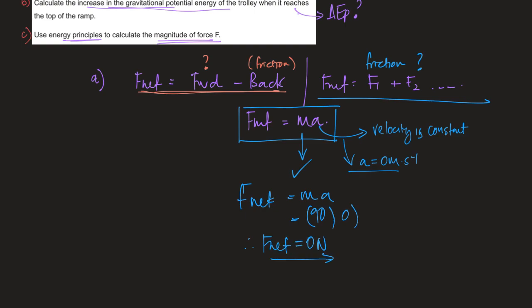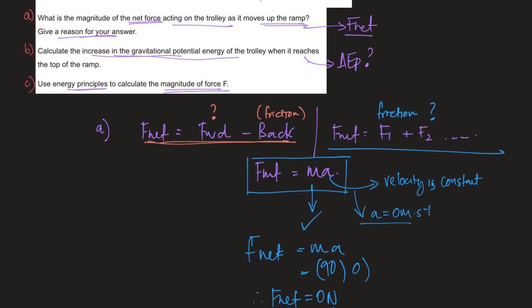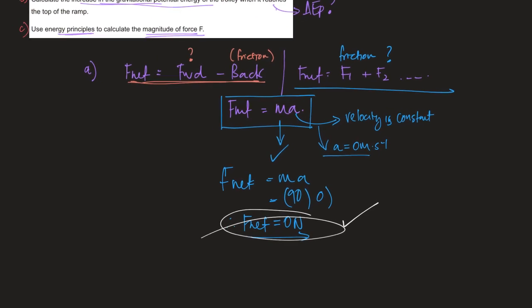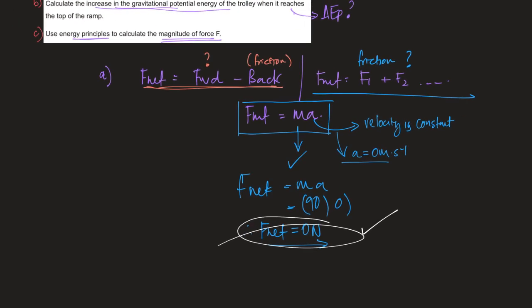So now when you answer a question like this, they're asking you to give a reason for your answer. So your answer is F net is equal to 0. 1 mark there. The second thing that you need to show is how did you get there. Velocity is constant, which means acceleration is 0 meters per second.